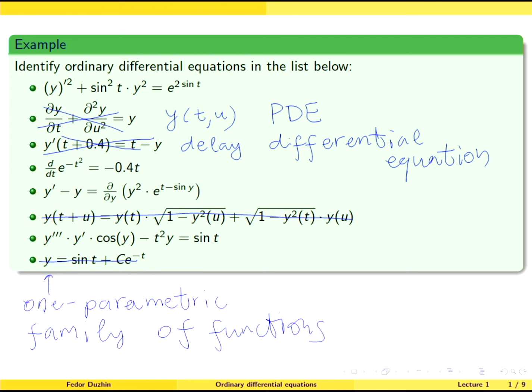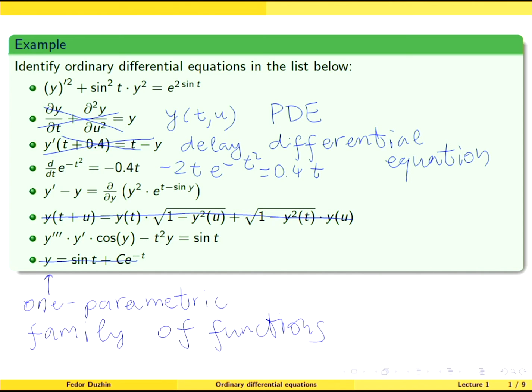Okay, so let us look at the fourth option. Well, the fourth option has a differential. It has t, but notice that it does not have the unknown function, right? So you can just explicitly differentiate the left-hand side. When you differentiate the left-hand side explicitly, d/dt of e to the minus t squared, you get minus 2t times e to the minus t squared equals 0.4t.